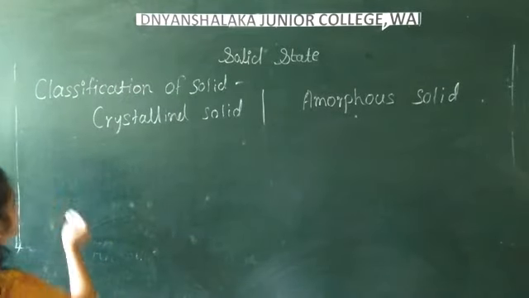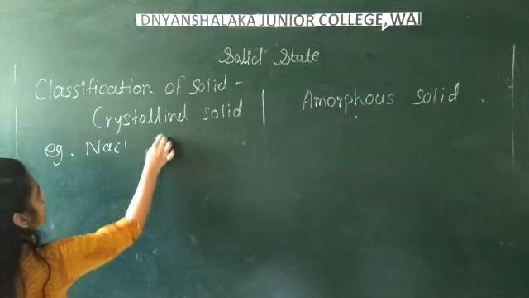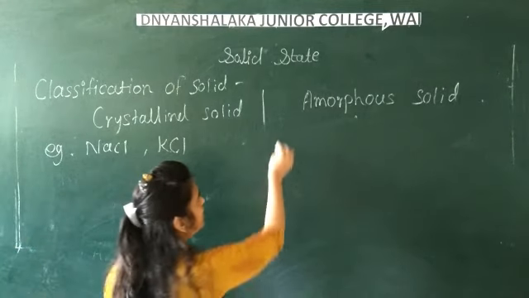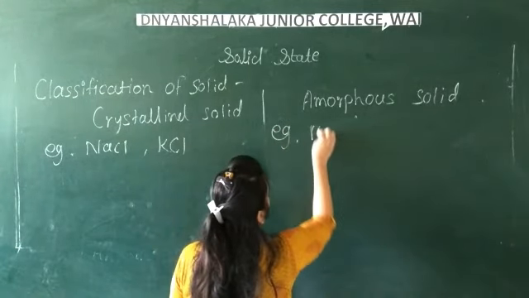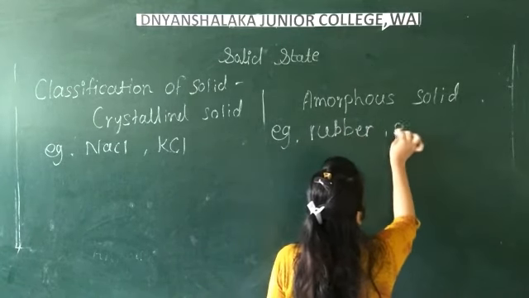So crystalline solid examples: NaCl, KCl, and amorphous solid examples: rubber, plastic.